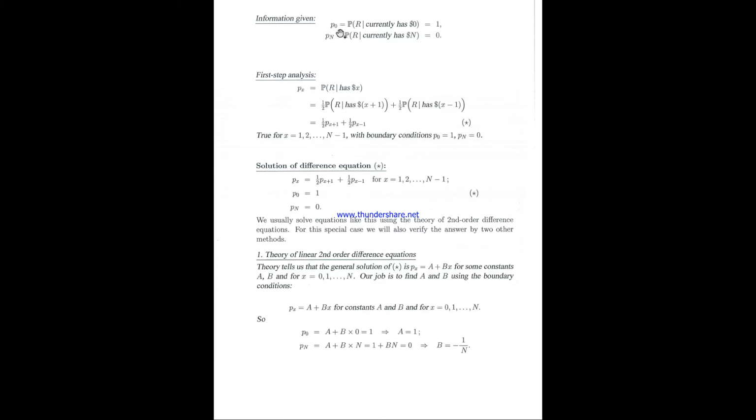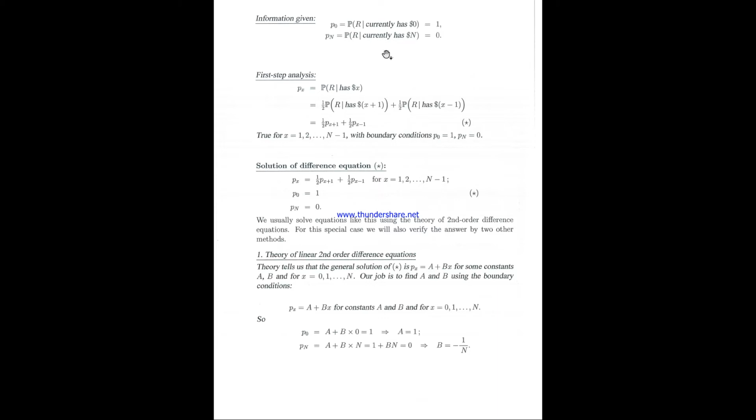When you take P0, that is you are starting with 0 amount, you have no money in your hand but you are starting the game. In that case, if you calculate the probability of ruin, you are already ruined, so the probability is equal to 1.